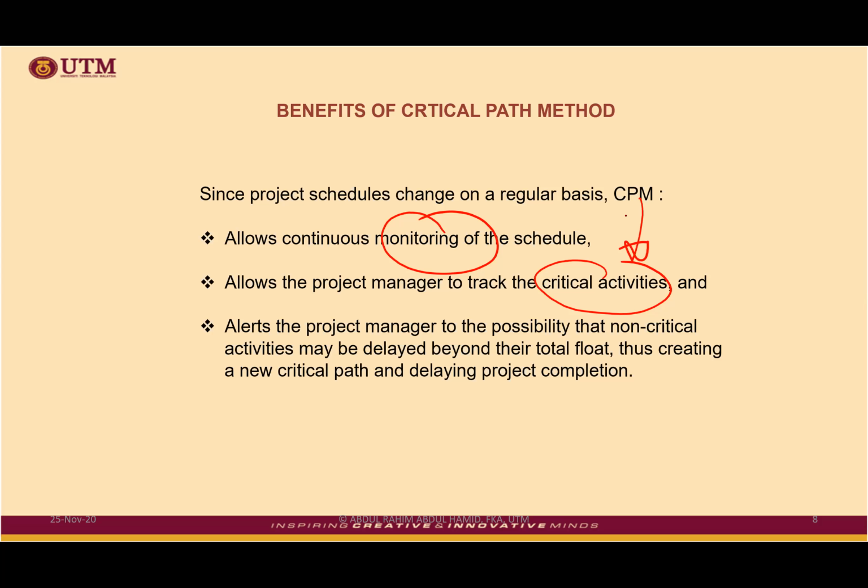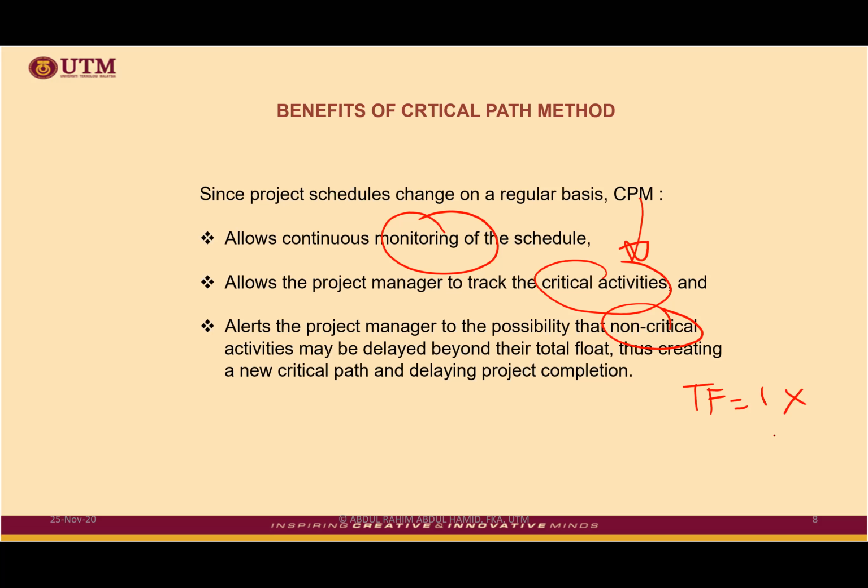Alert the project manager to the possibility that a non-critical activity may be delayed beyond the total float, thus creating a new critical path. Okay. For a non-critical activity, the total float could be 1. But if you already use up 1 day, then basically you don't have any free time anymore.